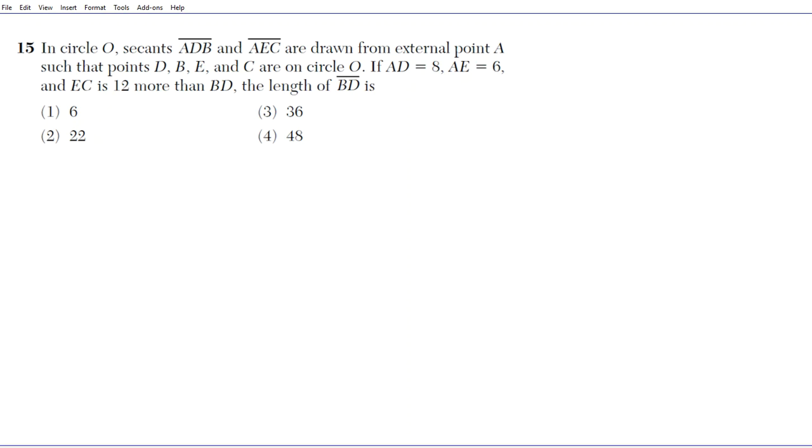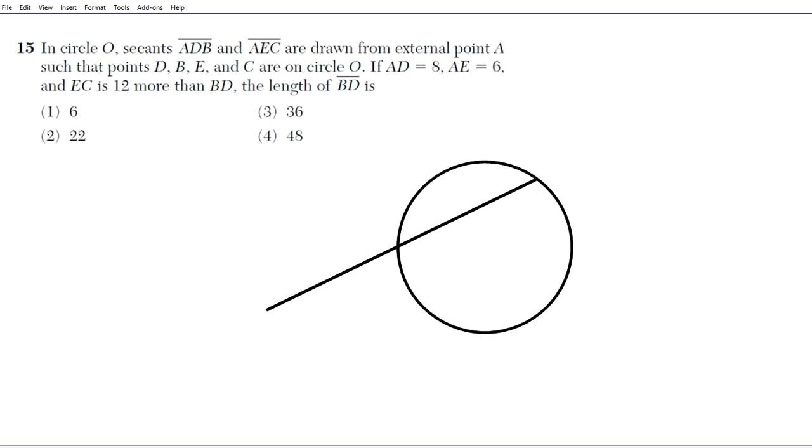through this process. So let's say you have a circle, and you have two secants with a common exterior point A. So this is the first secant right there, and you have another secant, and we have the exterior point A and this secant line ADB, and then the other secant is AEC.